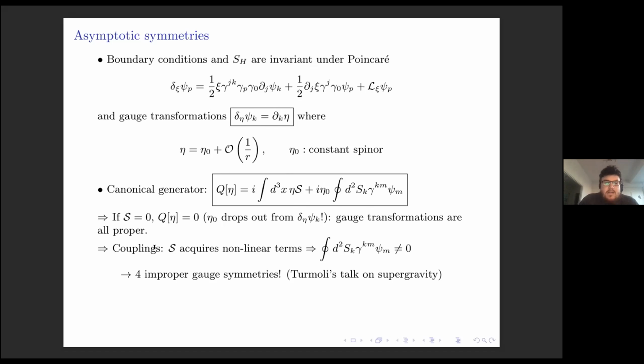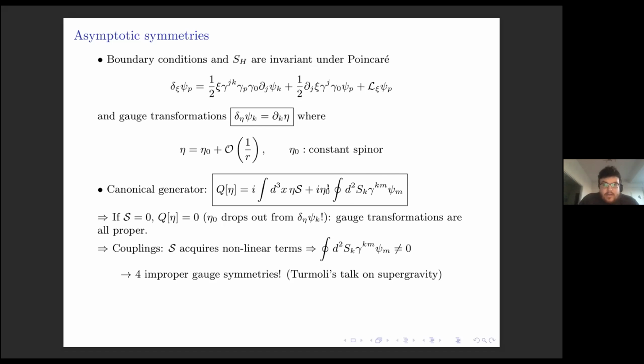But when we turn on couplings, we see that the fermionic constraint acquires nonlinear terms. So this surface integral is not going to be 0. And we get here that this integral is not 0.